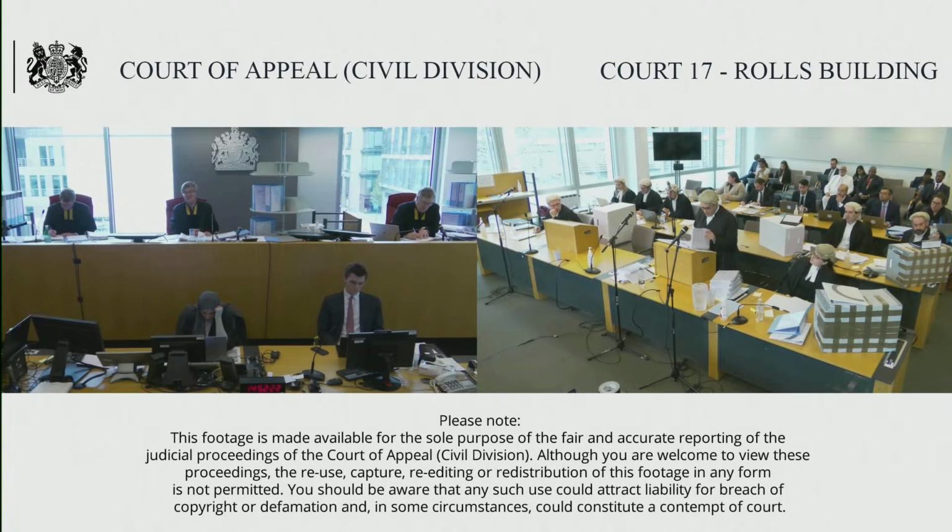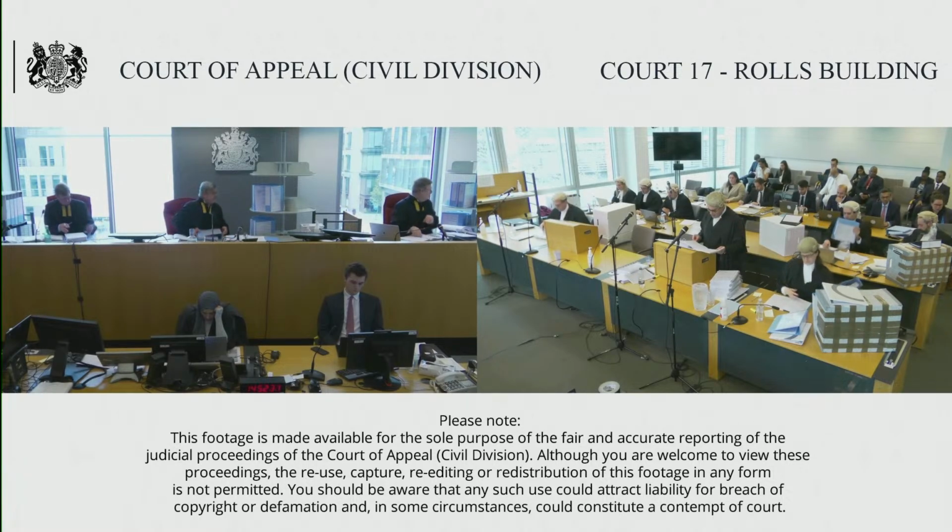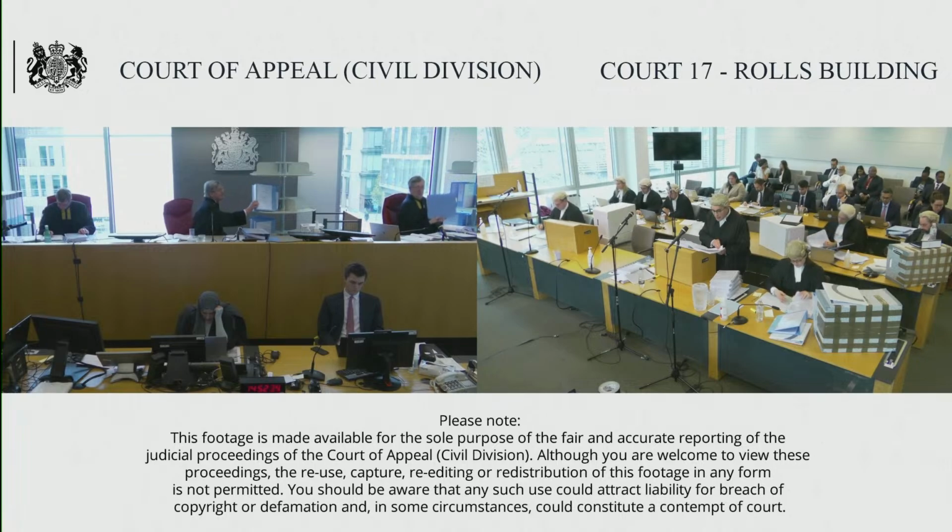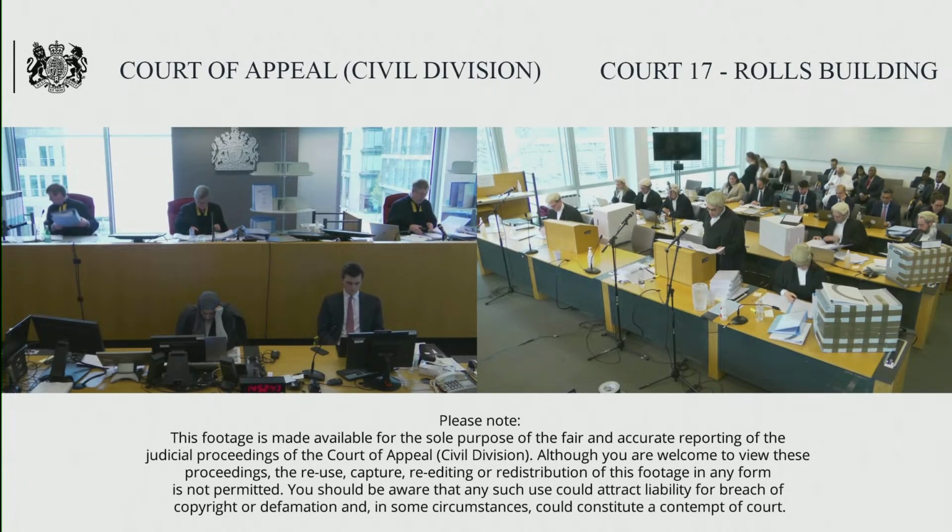And I invite the court's attention to Supplementary Bundle Volume 2 at tab 19, paragraphs 45 to 49. This is the skeleton argument below. Paragraph 45 in the fourth line talks about the core of the case.